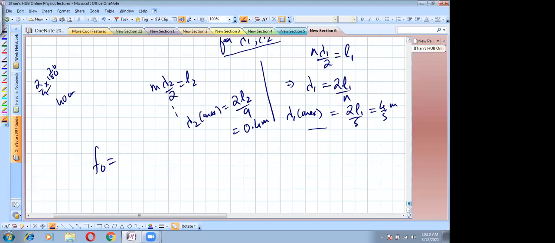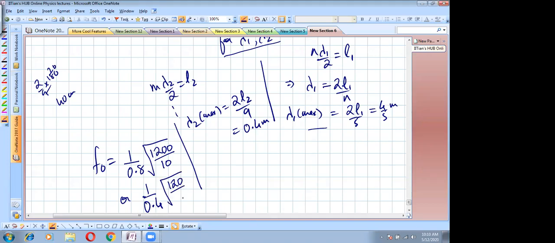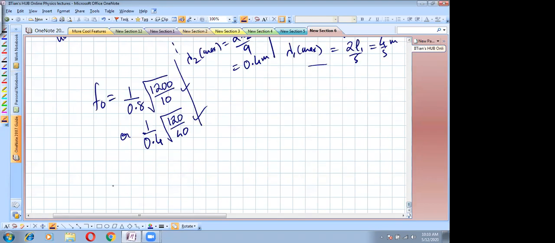So that fundamental frequency is either 1 by lambda 1, which was 0.8 meters, into square root of tension divided by mu 1, which was 1 gram per cc, so that is 10 kg per meter, or the same thing as 1 by lambda 2, where lambda 2's maximum value is 0.4, times square root of 120 divided by this, which will become 40. So you can see this and this are ultimately the same.